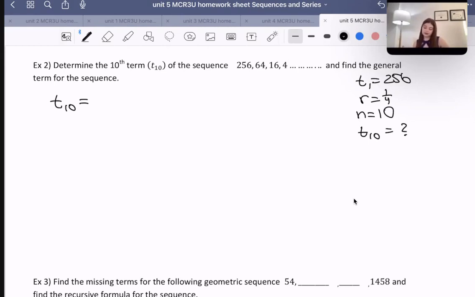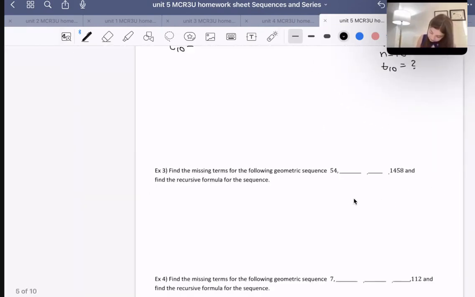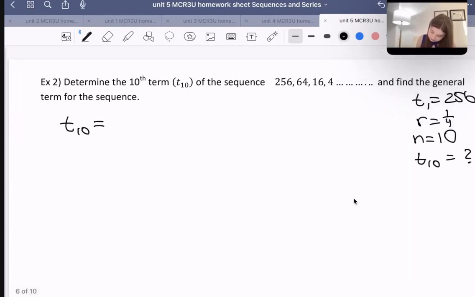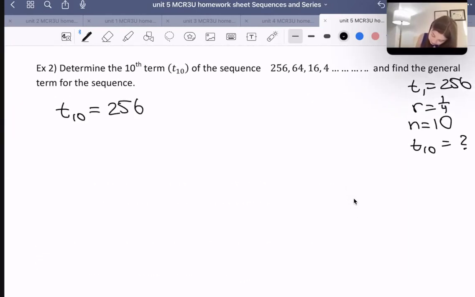But anyway, let's continue. Here we have term 10, which is going to be the first term, 256, times 1/4 to the 10 minus 1.